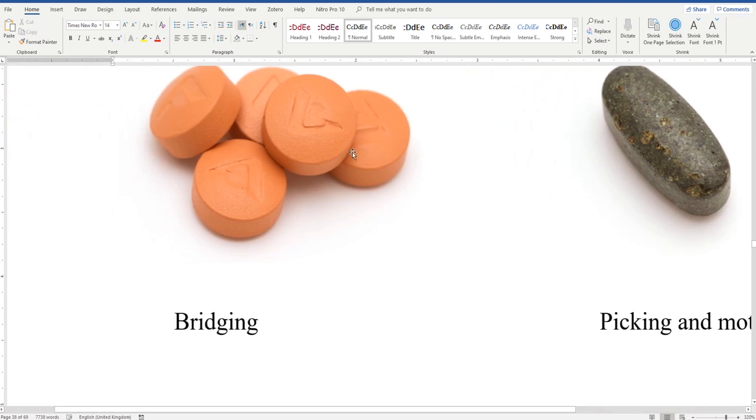Another problem is what we call bridging. Bridging is when the coating film gets to the monograms or the imprinted logo, and instead of getting inside easily and outside to leave the logo clear and sharp, it makes bridges.